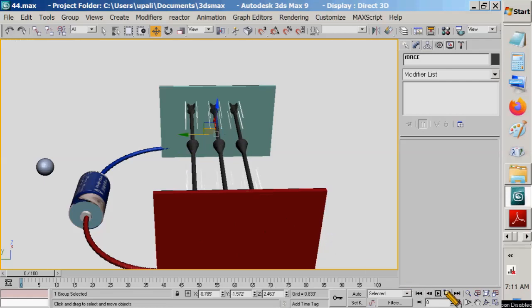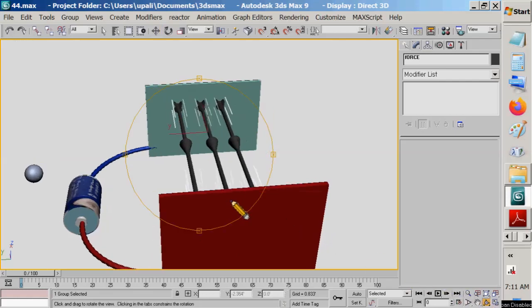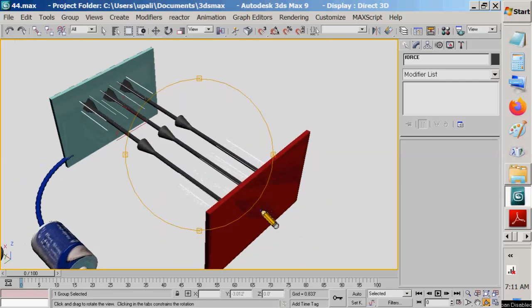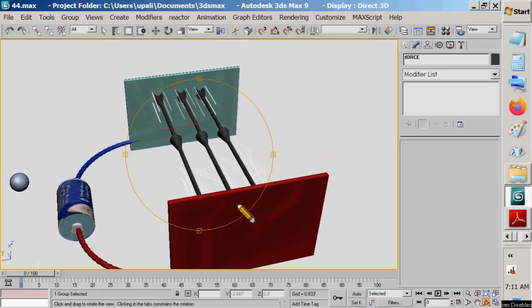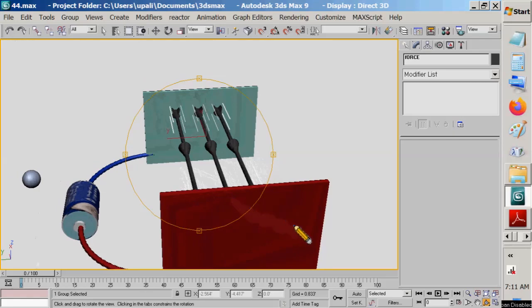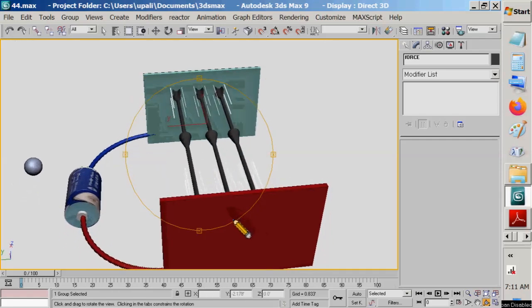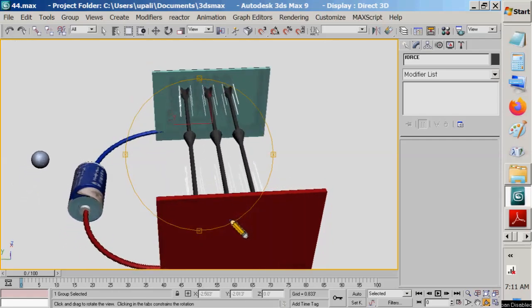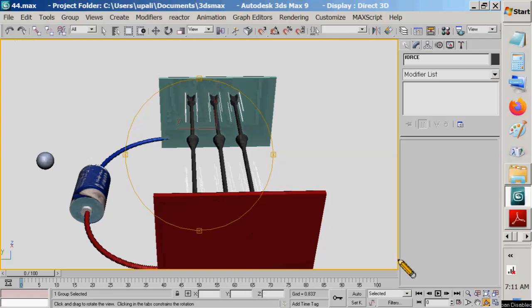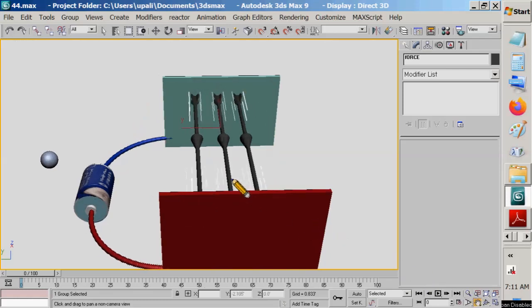So you see the arrows towards us, out of the paper. So these black arrows denote electric force lines. Earlier we had electric flux lines.